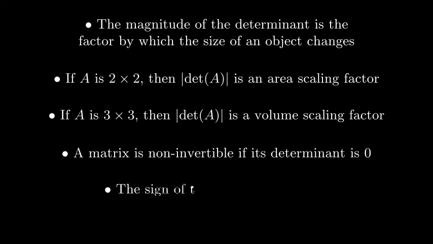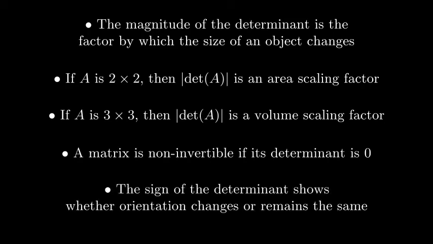We also saw that the sign of the determinant shows if the orientation changes or remains the same. For a 2 by 2 matrix, a negative determinant means that all angles or motion that was counterclockwise changes to clockwise, and vice versa.